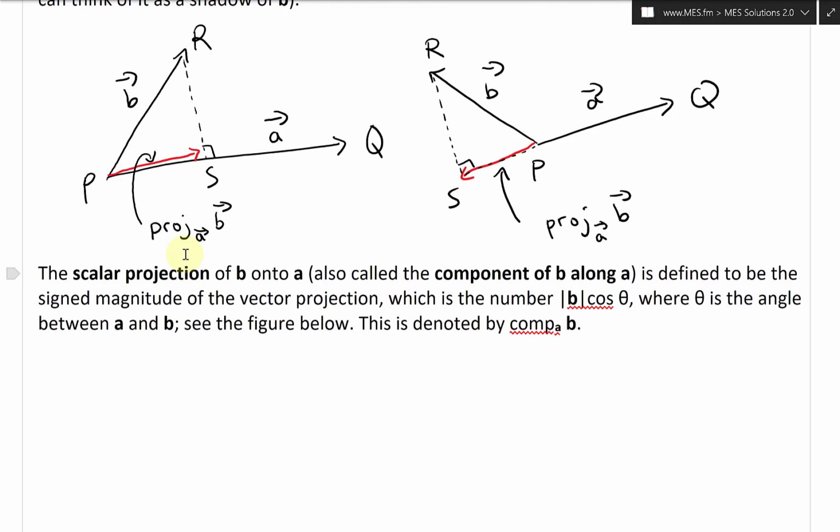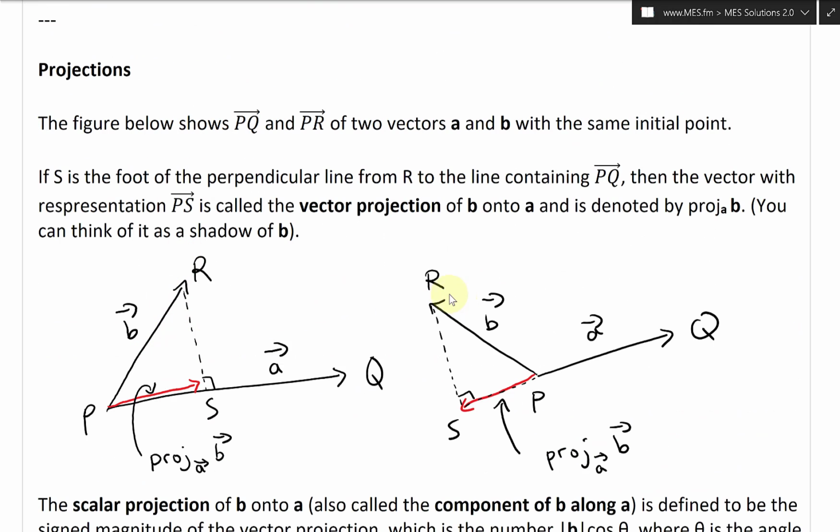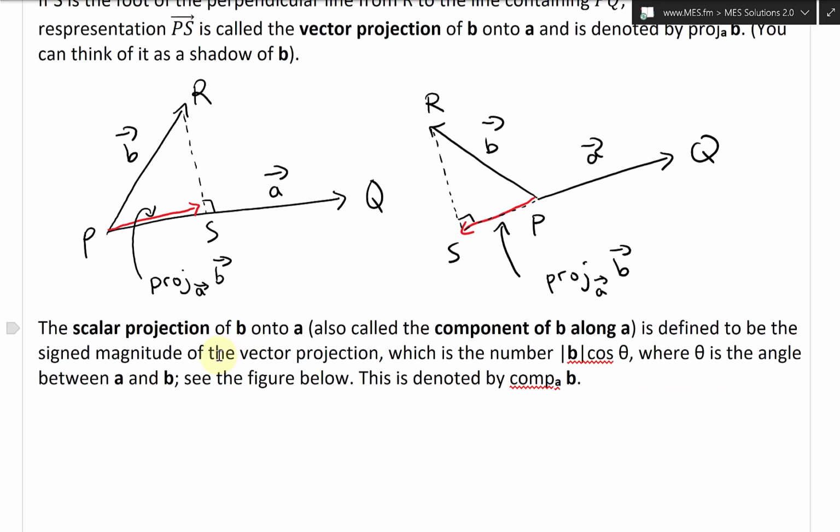The scalar projections. This was a vector projection. We're projecting the vector onto here, and we have this projection there, like that. So the scalar projection of B onto A, also called the component of B along A, is defined to be the signed magnitude of the vector projection. So the actual magnitude of it, which is the number.